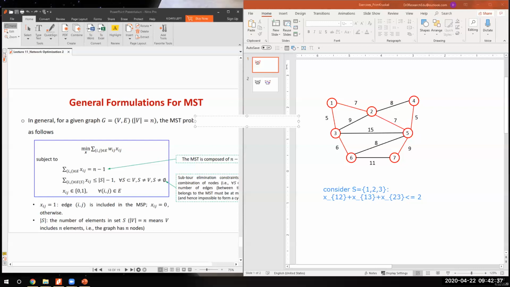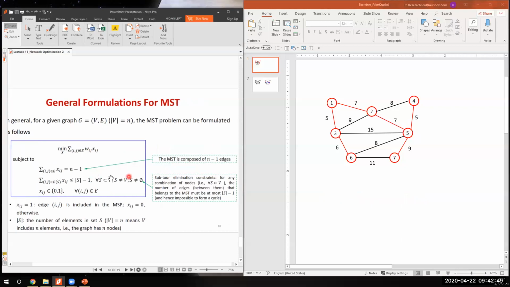By definition, a tree is a connected and acyclic graph. And hence, the meaning of this constraint is to eliminate subtours. A subtour here is a subgraph of the original graph that has a cycle.